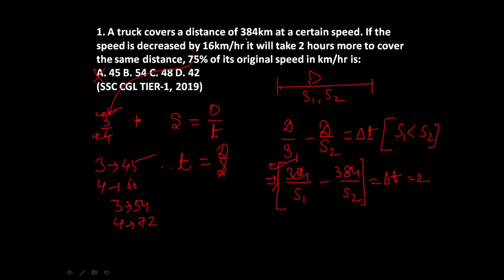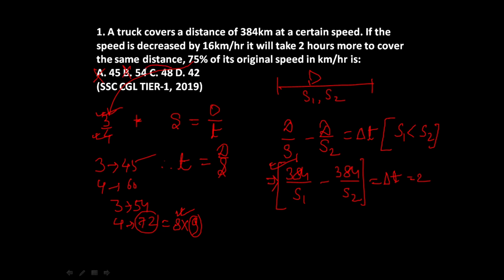So can 384 be divided by 72? Okay, 72 is equal to 8 into 9. So 384 can be totally divided by 8. It will be 48, but it cannot be divided by 9. So 384 cannot be divided by 72 either. So option B is also wrong.